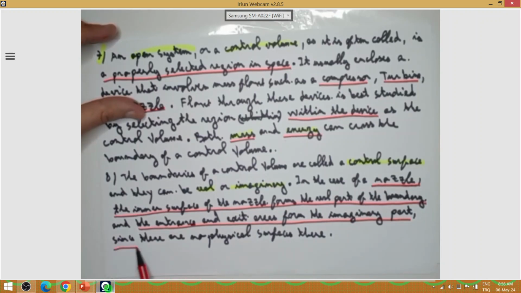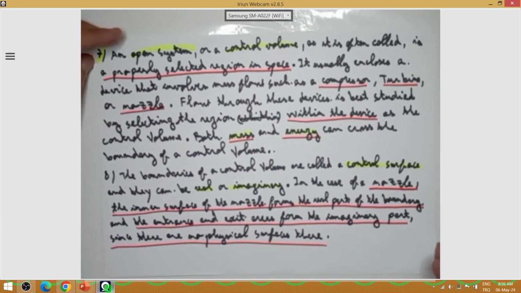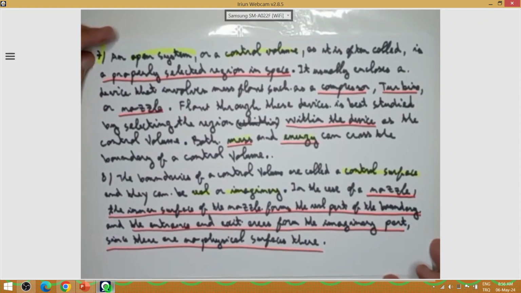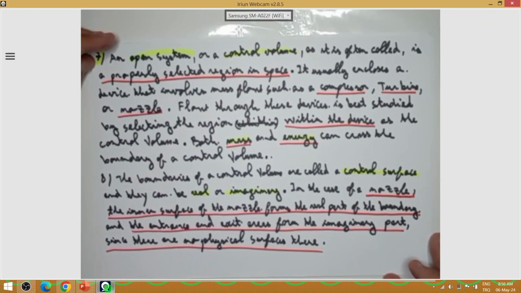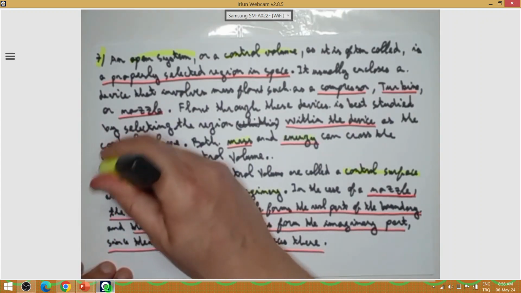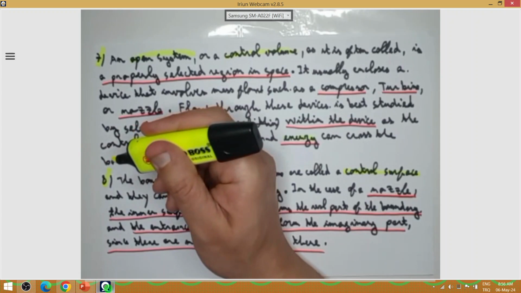At the inlet and the outlet of the nozzle there is no material, so those are the imaginary parts of the boundaries. We will understand all this in example 3, where we'll see a control volume or an open system. For the moment I will highlight note 8.